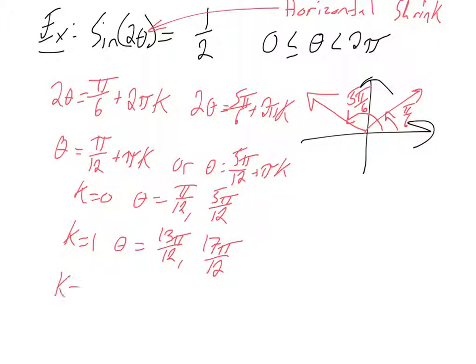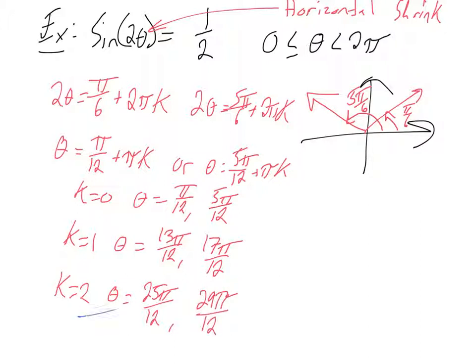Let's make k equal to 2. Then we get theta equals what? What if we add another pi to this? We get 25 pi over 12, and another pi would give us 29 pi over 12. Are those inside the range?